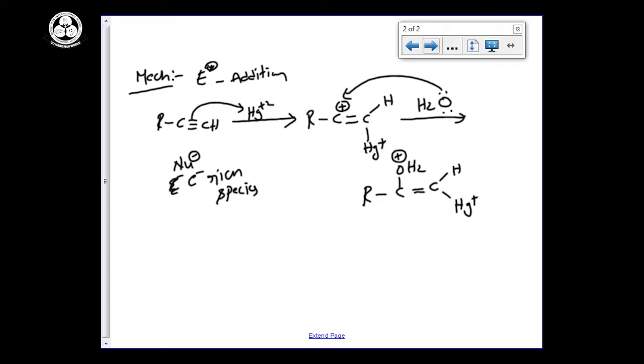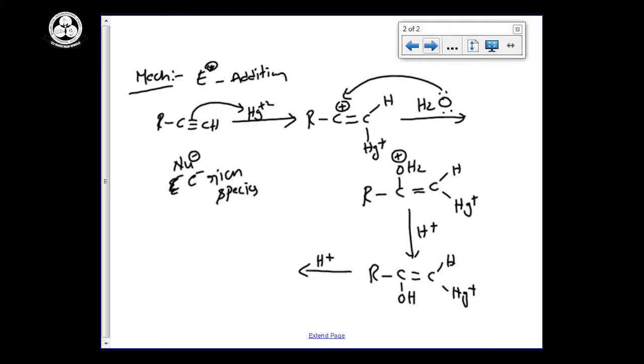There is a double bond. Now here you can remove H plus. It becomes R, C, OH, double bond, C, H, and there is Hg plus. Now again add H plus to this one.